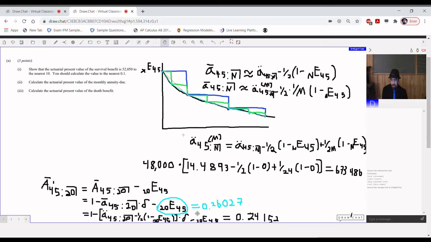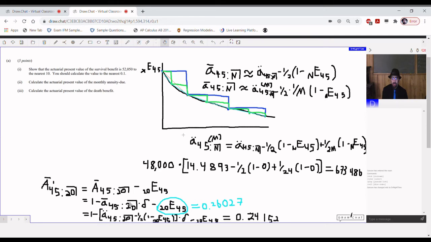We already know how much this endowment component is. We calculated it in the previous problem. And we use our formula relating endowment insurance to annuities. We say it's going to be 1 minus A bar 45 colon angle 20 times the discount rate.